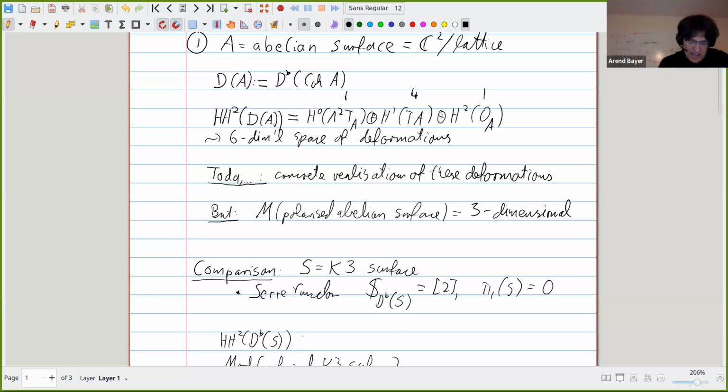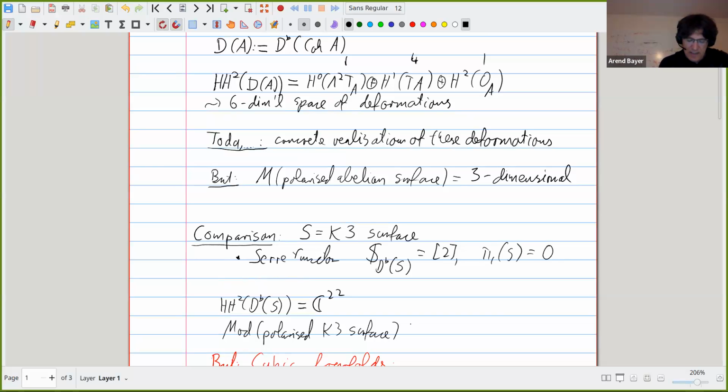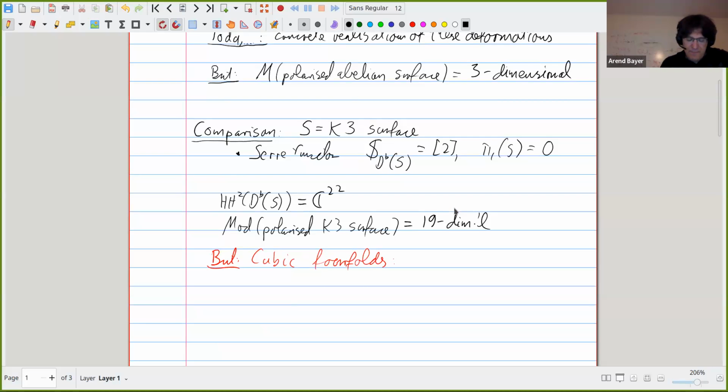In this case the second Hochschild cohomology is 22-dimensional, and the moduli space of polarized K3 surfaces, every component of that is 19-dimensional. So again it looks like we are missing 3 dimensions.